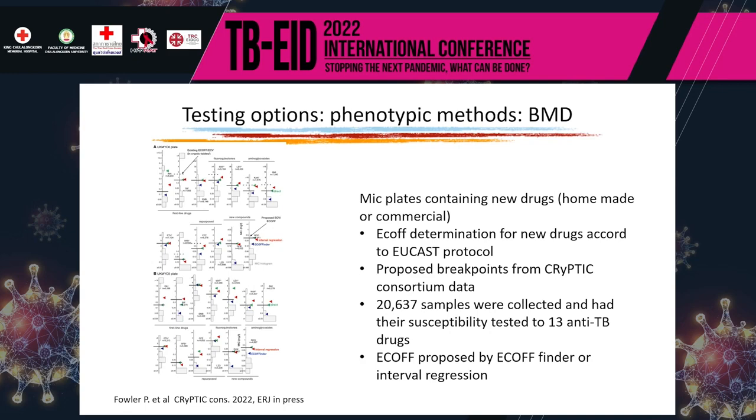The epidemiological cutoff, or ECOFF, is the highest MIC observed when the antibiotic is used on a wild-type population, and is usually defined as the MIC that encompasses 99% of the phenotypically wild-type population. As you can see in the picture, we have used two different methods to estimate the ECOFF, both the ECOFF finder and the interval regression.